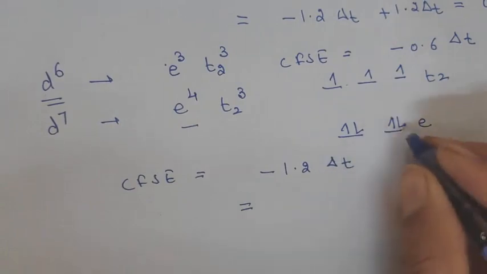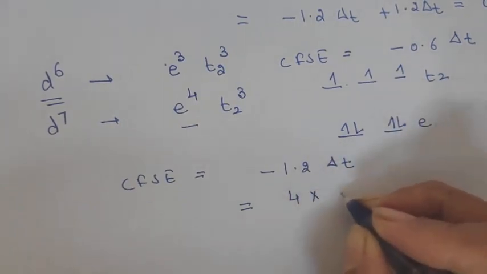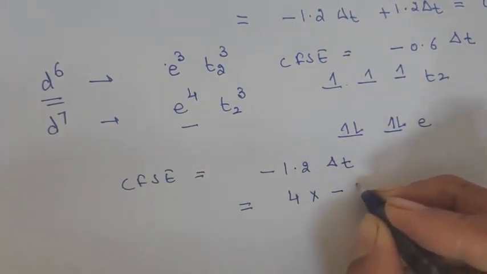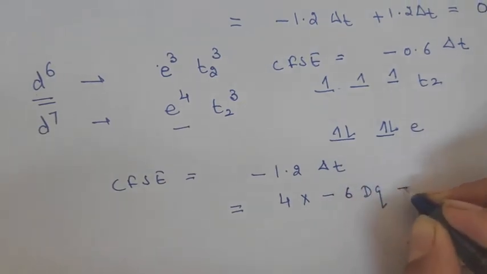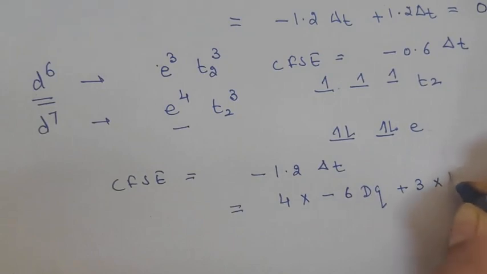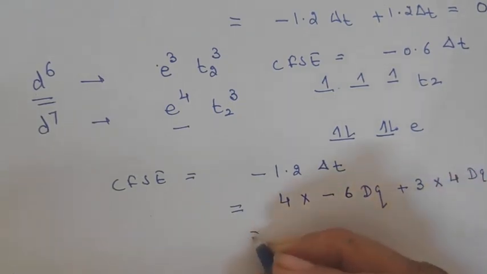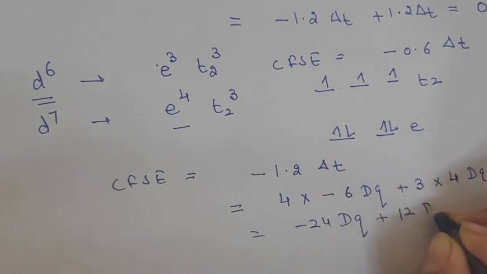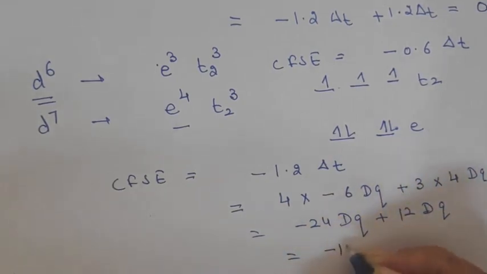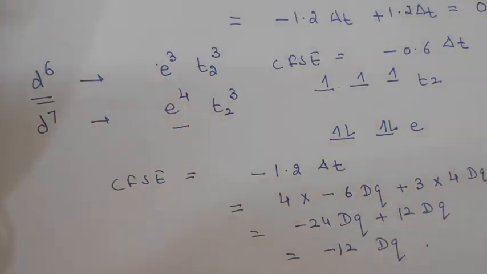This will be 4 electrons multiplied by minus 6 Dq plus 3 electrons into 4 Dq, minus 12 Dq.